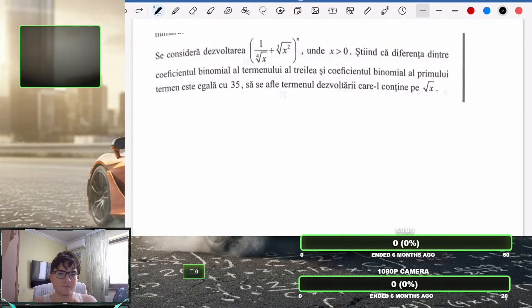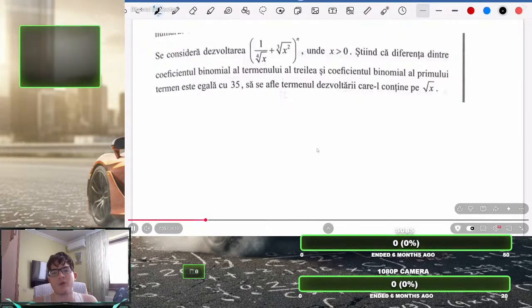Okay. So, pretty much like before, bruv. If it's the third term, it's Cn, and k is going to be 2, so Cn2 minus Cn0, because 0 plus 1, it's just the first term, equal to 35, so solve that and then the same stuff.